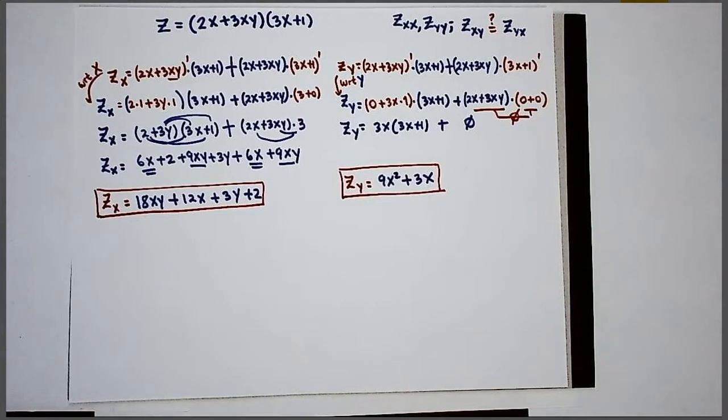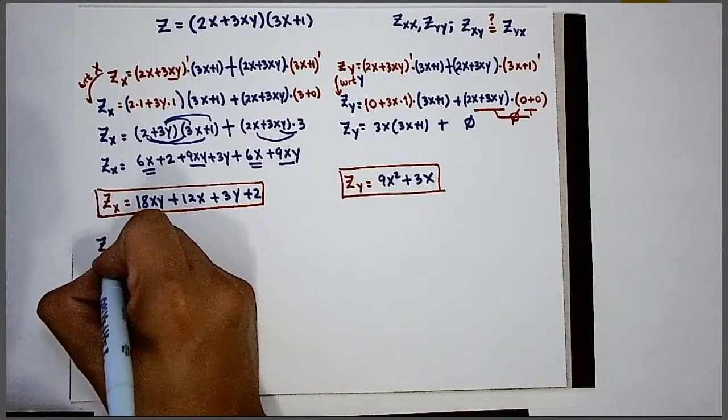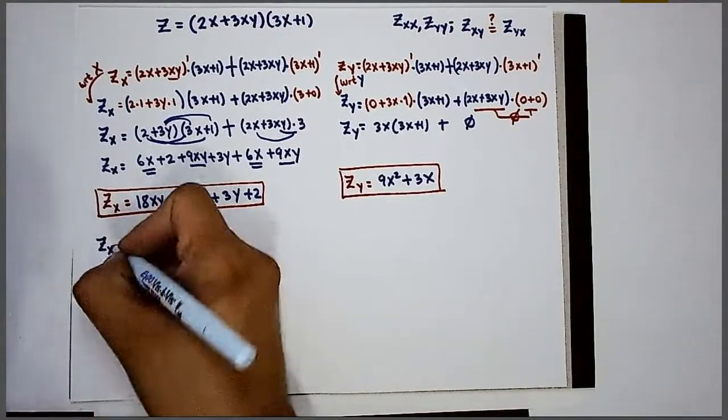Now that we have our first partial derivatives, we can proceed and find our second order partial derivatives. So here we're going to take again with respect to x.